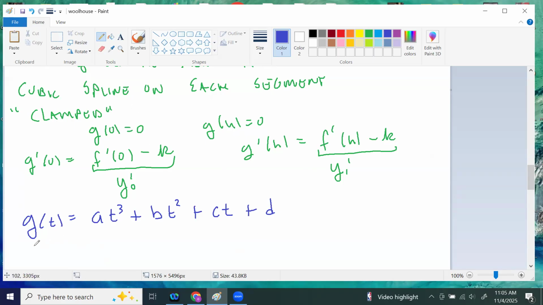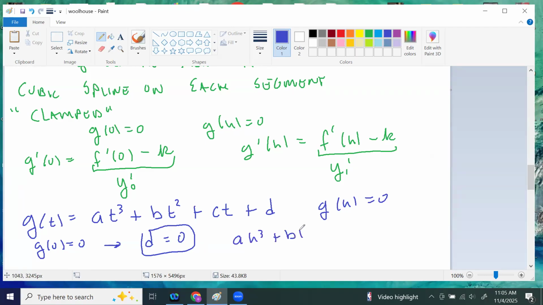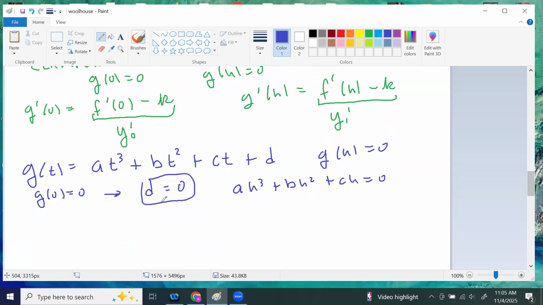Now, this condition here, g of 0 equaling 0, means d is 0. That was easy. g of h equaling 0 means a h cubed plus b h squared plus c h is 0. And so let's solve for c. c is going to be important. So this means that c is equal to minus a h squared minus b h, assuming you can handle those two things.